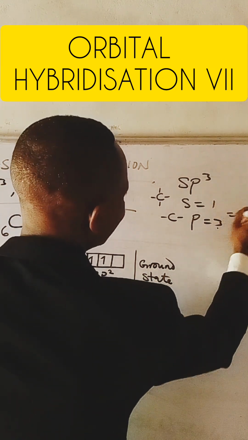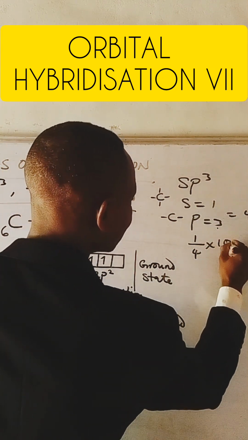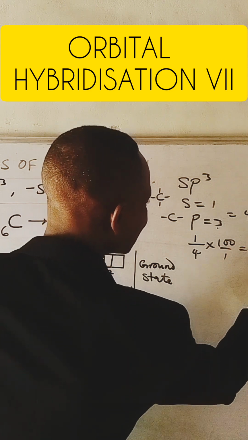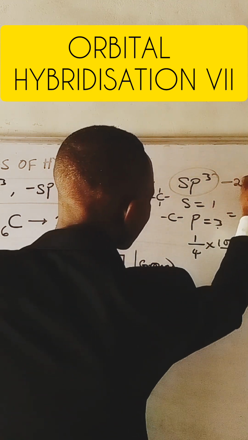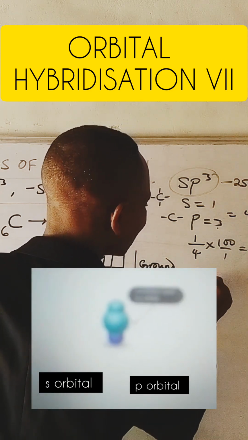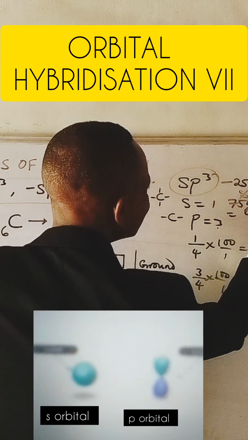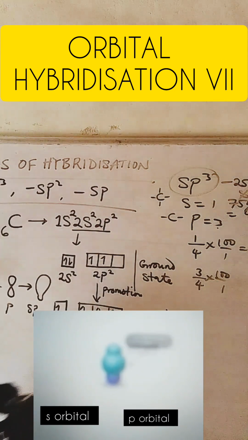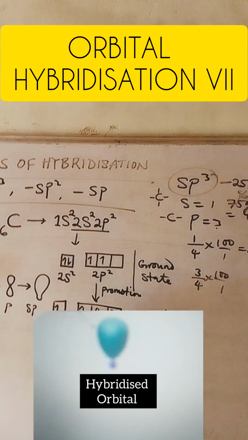So it's 1 plus 3 that gave you 4. So S is 1 out of 4 times 100. That is 25% s character. This sp3 will have 25% s character. And 3 over 4 times 100 over 1 will give you what? 75% p character. That is why it is called sp3 hybridized orbital.